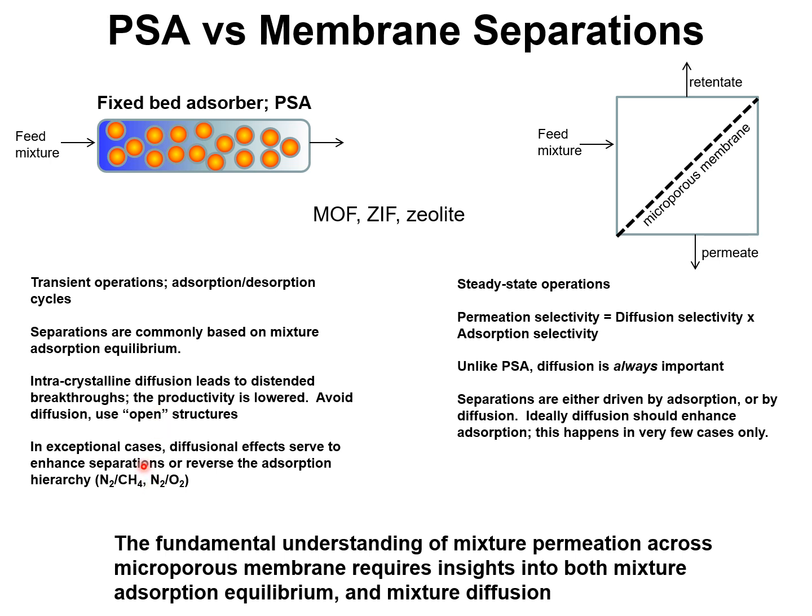In exceptional cases, diffusional effects are used to enhance separations or reverse the adsorption hierarchy. For example, the separation of nitrogen from natural gas consisting of methane.